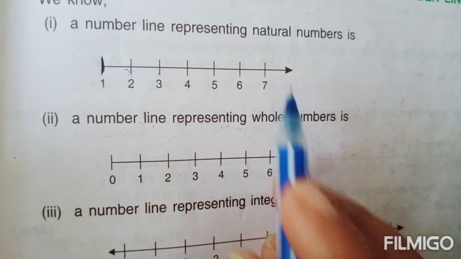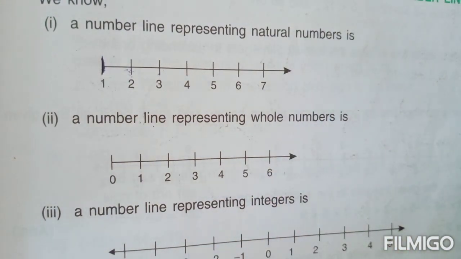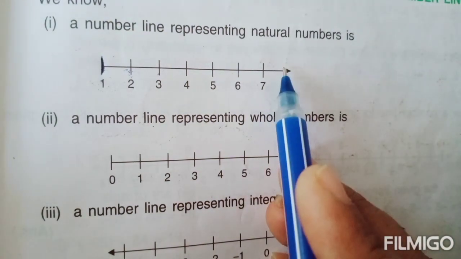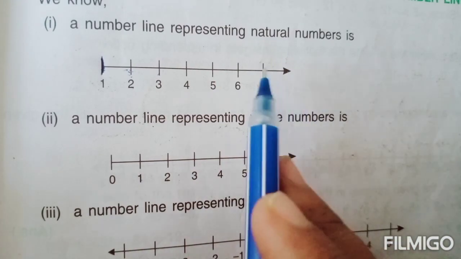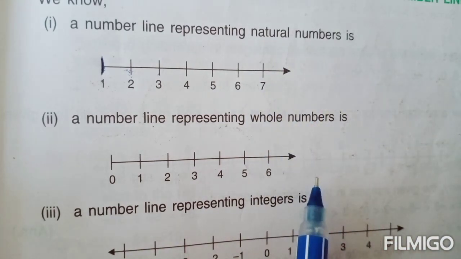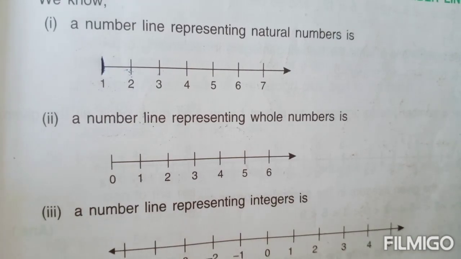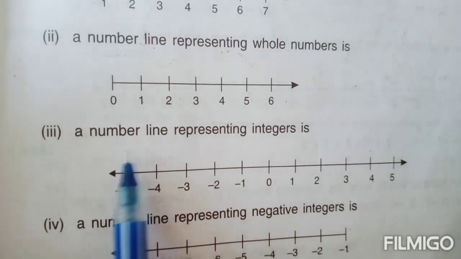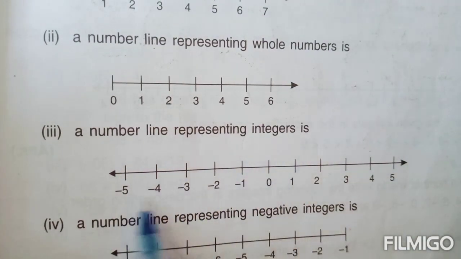This arrow mark shows that they will go endlessly. There are infinite natural numbers and whole numbers. It does not have any endpoint. So this arrow mark indicates that they will go endlessly, in one direction.